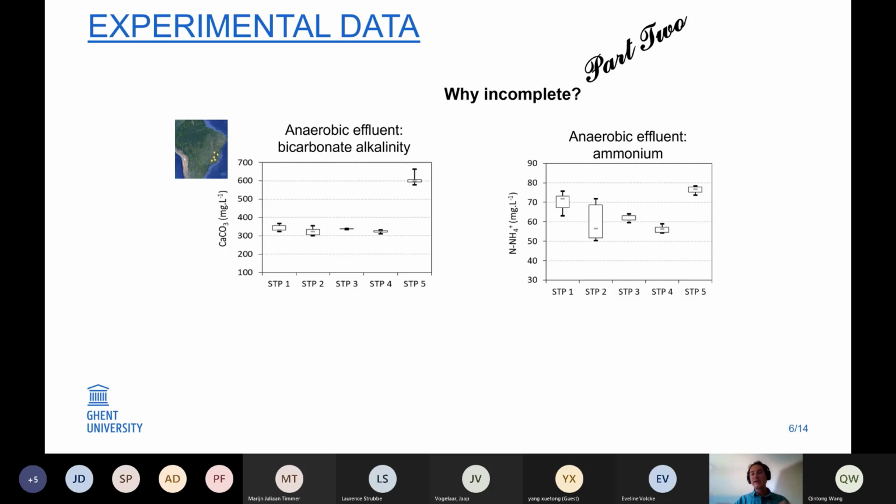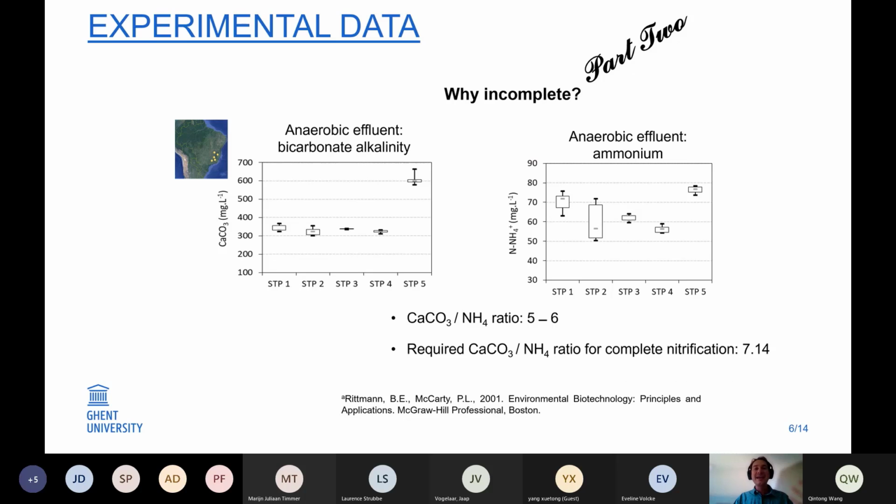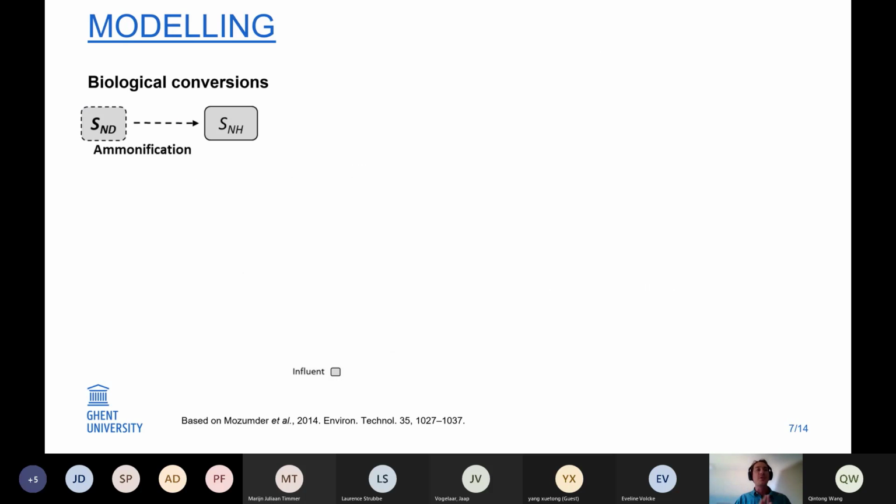When we look into those two graphs pair by pair, we can see that the ratio of bicarbonate alkalinity over ammonia was typically around 5:6, which is less than the required ratio for a complete nitrification, which lies around 7.14.